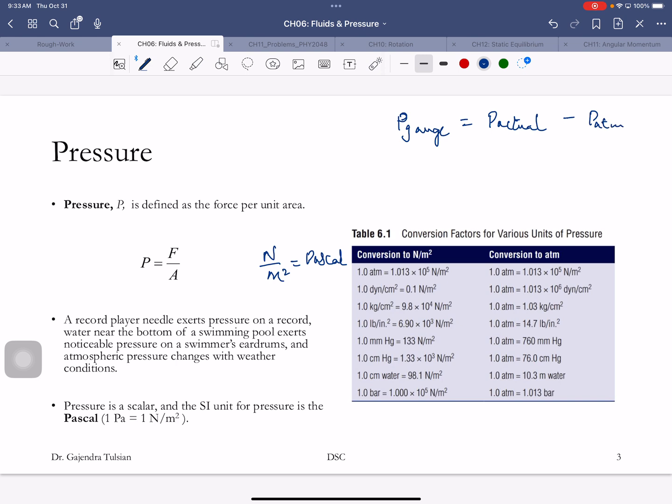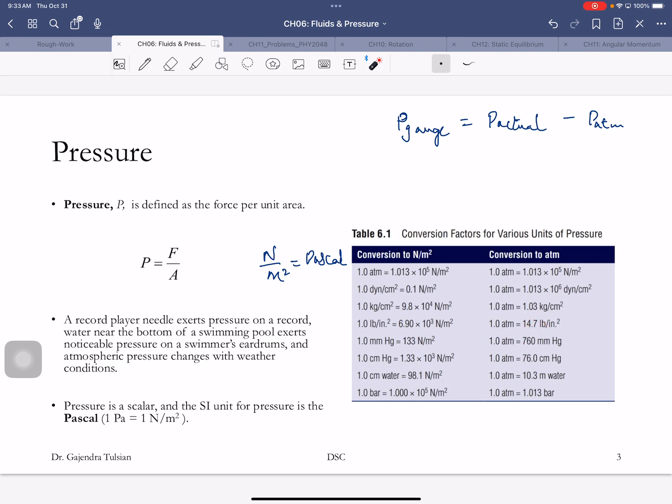So when you say it's 30 psi in your tires, that's 2 atmospheres, but that is the gauge pressure. So it's really 3 atmospheres minus 1 atmosphere. The actual pressure in your tire is 3 atmospheres.